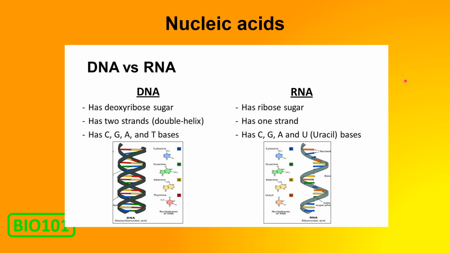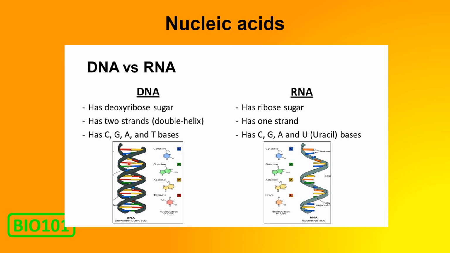With regard to nucleic acids, DNA and RNA, as I mentioned back in the first part of this chapter, DNA is deoxyribonucleic acid, RNA is ribonucleic acid. Remember that DNA is ribonucleic acid that has been deoxygenated. We've taken an oxygen off. That's the deoxy part of DNA.